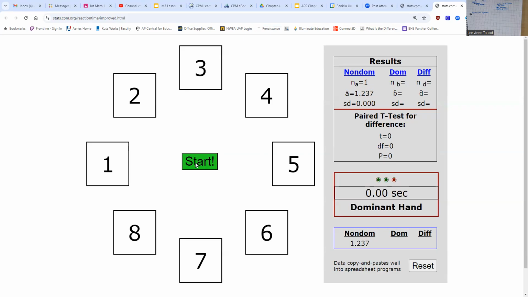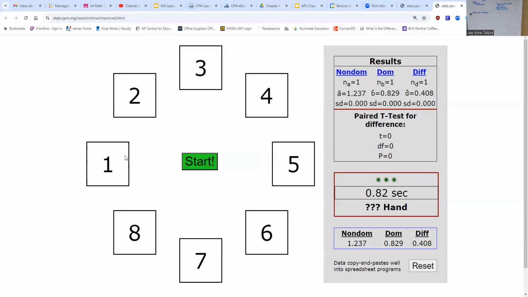It's going to go to the other one automatically. Okay, notice how, because it's matched pairs, I paired with myself, which is, you know, the best pair probably. Then it was able to do a new calculation of the difference. So not only did it take my time, but now you can get a difference between the two types. Then it's easier to see if there's actually a difference between your dominant and non-dominant hand.